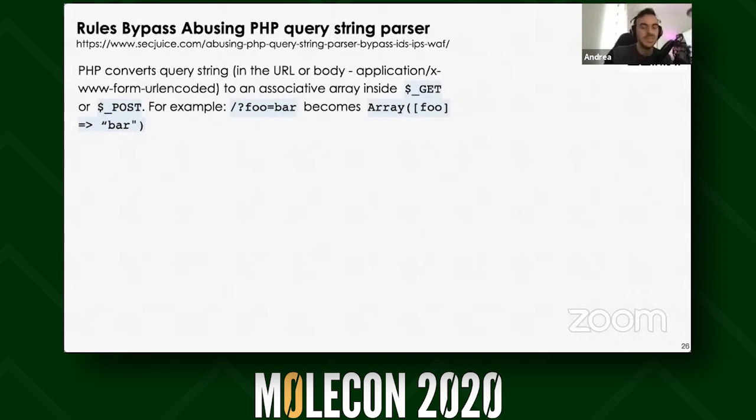For example, the query string foo=bar becomes an associative array in which foo is the key and bar is the value. Okay.